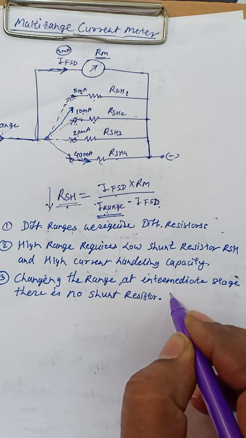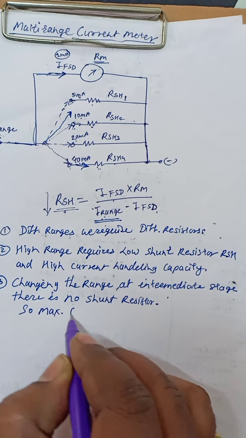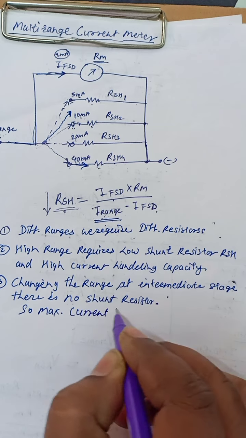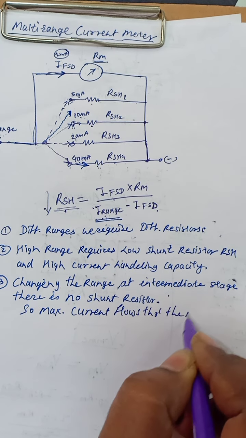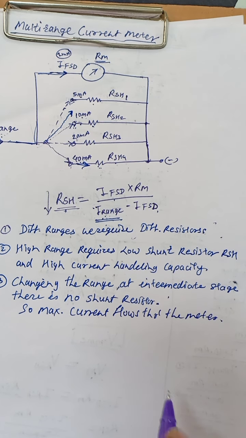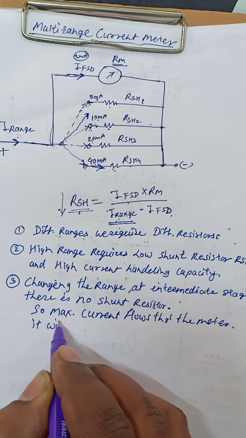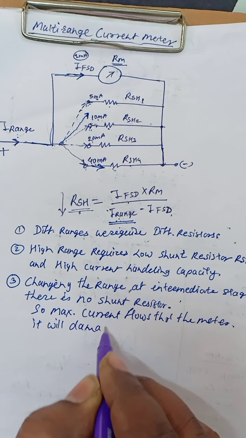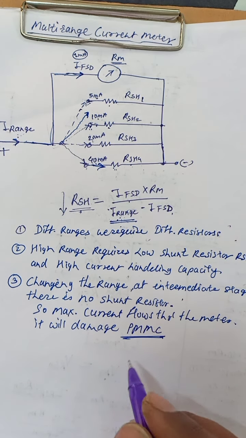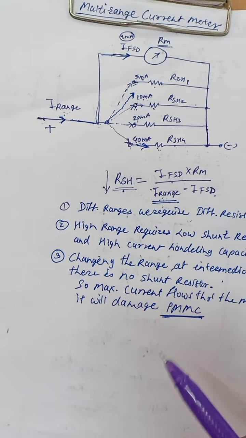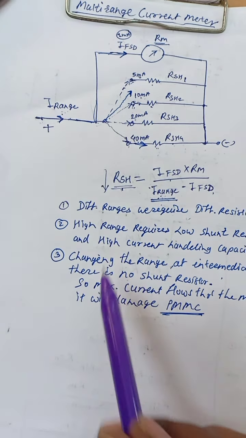So maximum current flows through the meter and it will damage the PMMC. So these are the three main disadvantages of this multi-range current meter.